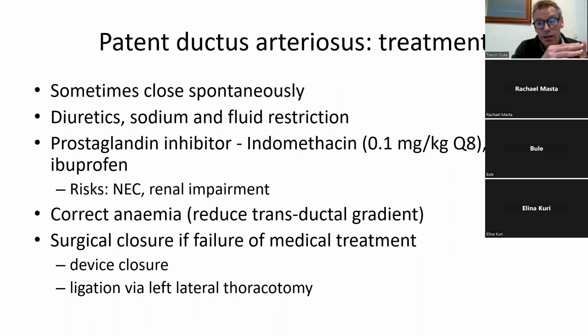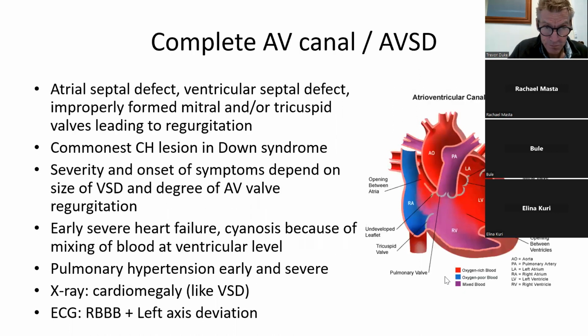So you've got a higher resistance in the pulmonary circulation, so less likely that the blood will flow from the left to the right side. Sometimes these babies need surgical closure if that medical treatment fails.